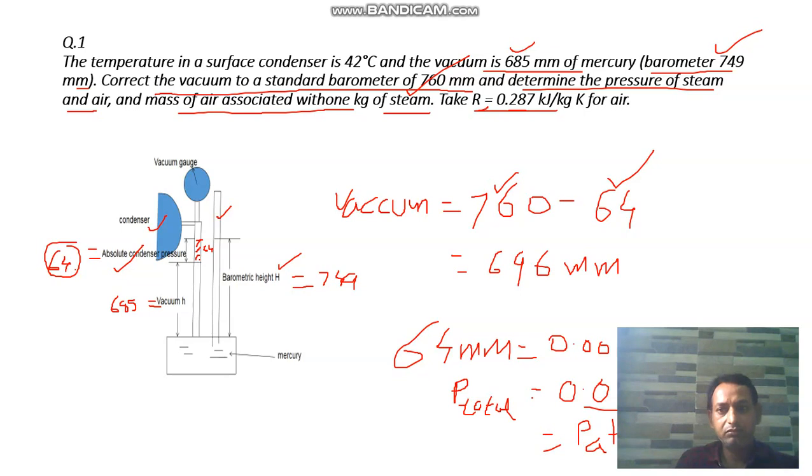Now we will find the pressure at the condenser temperature from the steam table.